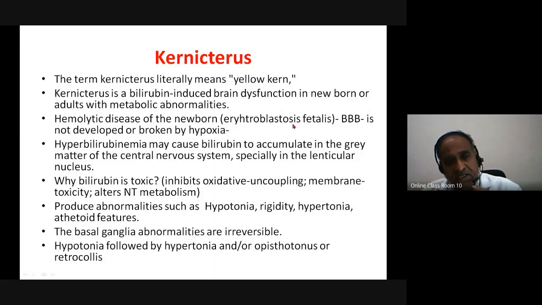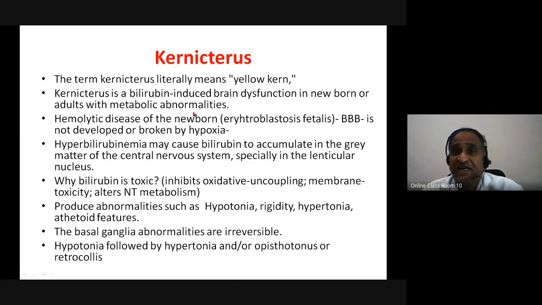And in this Kernicterus, what happens? The bilirubin level increases very greatly. Because of the hemolysis, the bilirubin level may go above 20 milligram per deciliter. Normally, it is 0.4 to 0.8 milligram per deciliter. When it is increased so much, then also because of other aspects, the blood-brain barrier is either broken, or in the newborn, the blood-brain barrier is not developed yet.